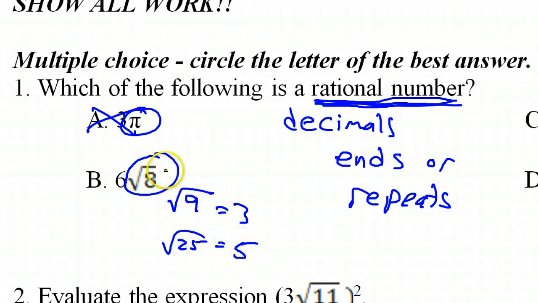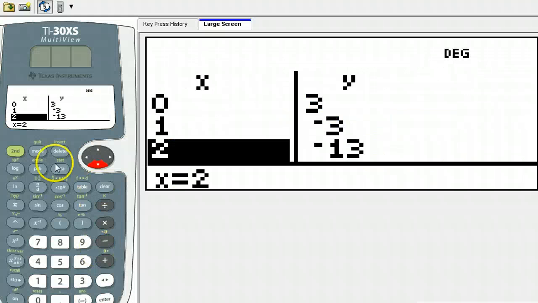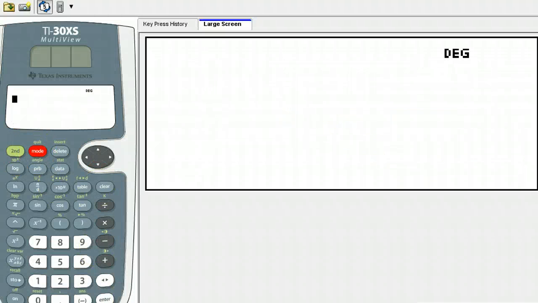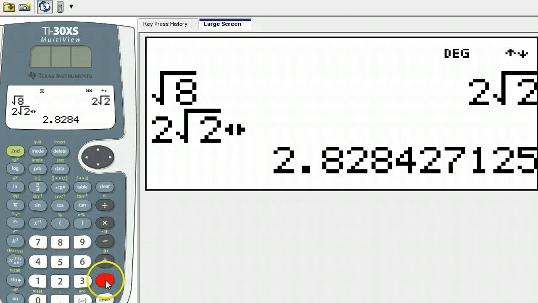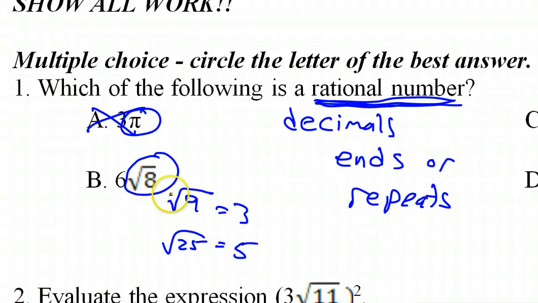But square root of 8 is not a perfect square. If you were to put this in your calculator, I'll just start with square root of 8. Well, that's 2 radical 2, but if I hit this toggle button, you see it's 2.828427125, and that's just where the calculator ran out of digits. It would keep going forever without repeating, just like pi. So that's irrational. So that's not it.